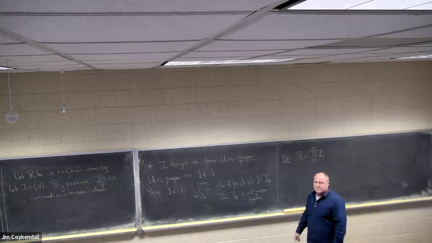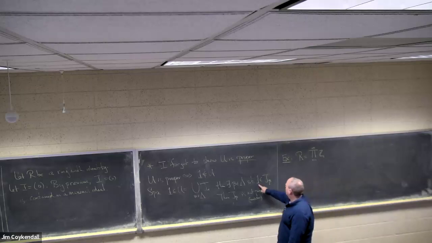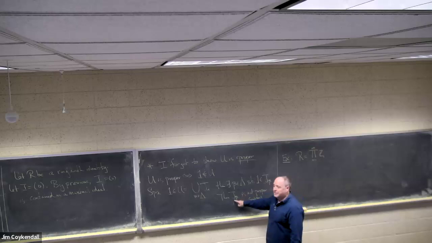You're saying here that it's a contradiction because if one is in J beta, that would mean J beta is not proper. I get that part, but why is that a contradiction? Look back at the definition of the set S. Those J's have to be proper.